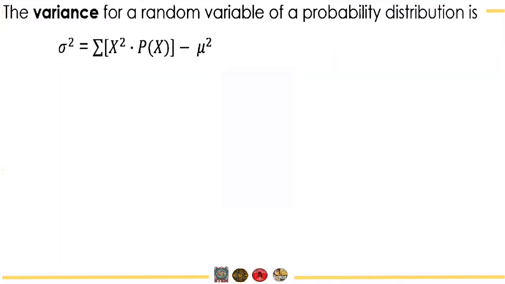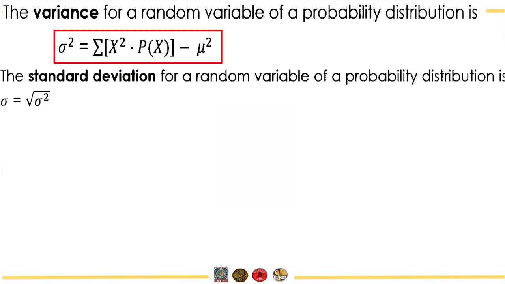How do we compute the variance of a random variable of a probability distribution? In getting the variance, of course, we will have to square the raw data. Interpreting this formula: first get the square of the raw data, then multiply it by the probability, get the sum of that, the total of that, minus the square of the mean.